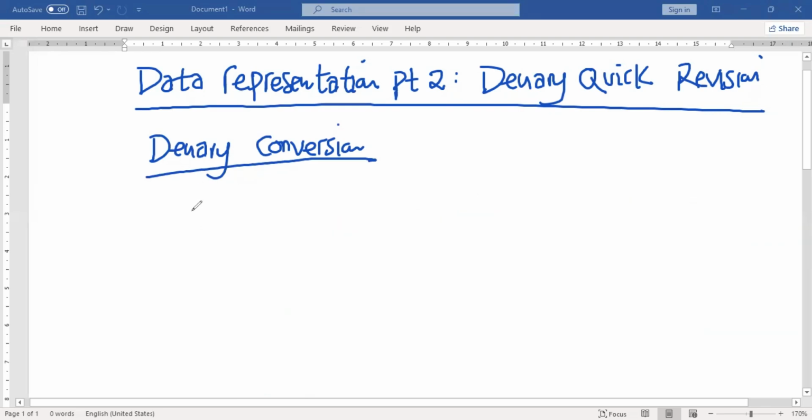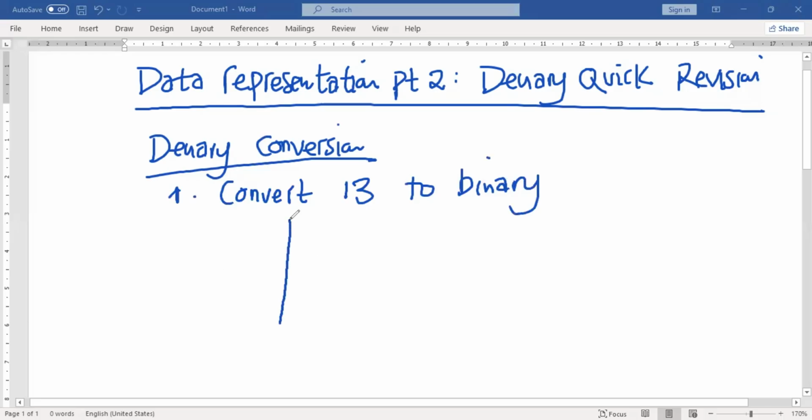Okay, let's have an example. Convert 13 to binary. So what you do is you write it like this. You have 13 here, and then you have the remainder there.